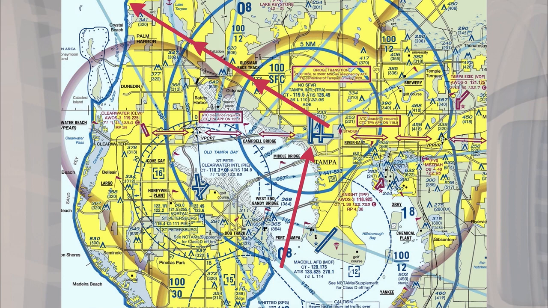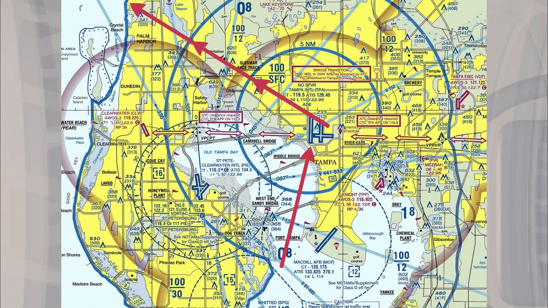So we're going to add our zeros to that 100 over 30 and make it 10,000 and 3,000. So this is another shelf. The area there over Pinellas Park and over Clearwater Air Park, which we pointed at earlier as one of our uncontrolled airports, all of that area, all the way to the top, up above Palm Harbor and everything, that whole area starts at 3,000 feet and goes up to 10,000 feet.